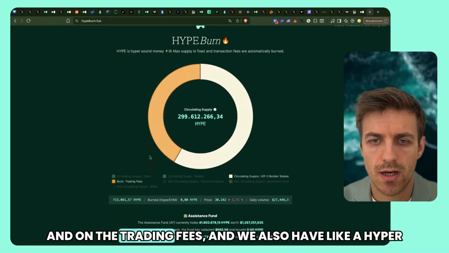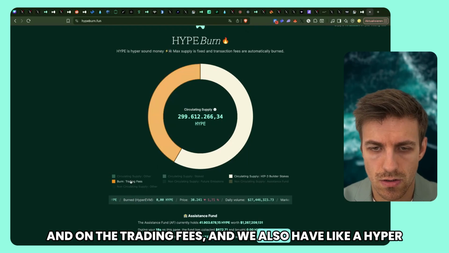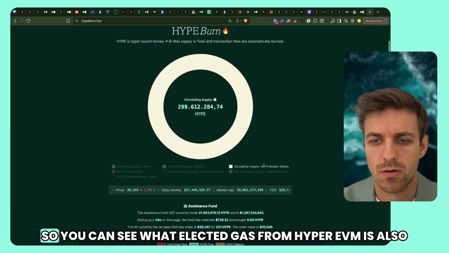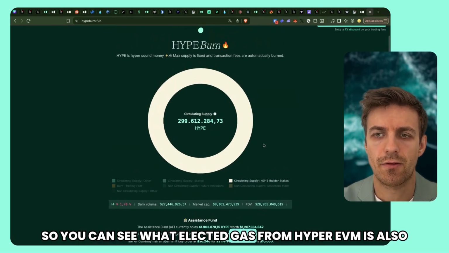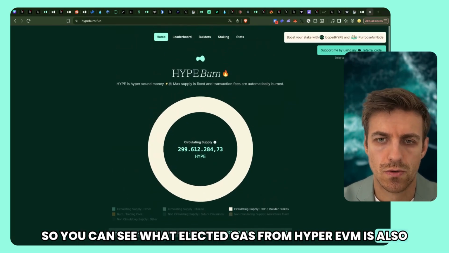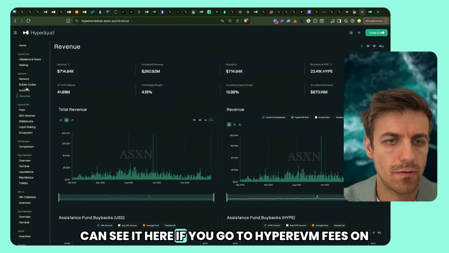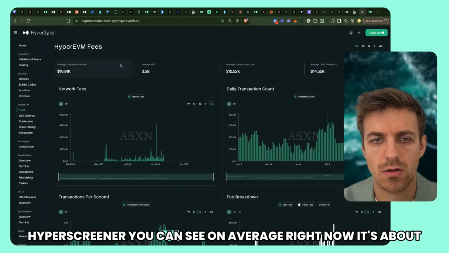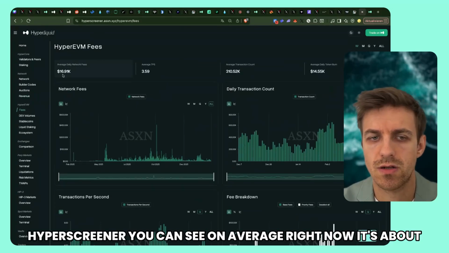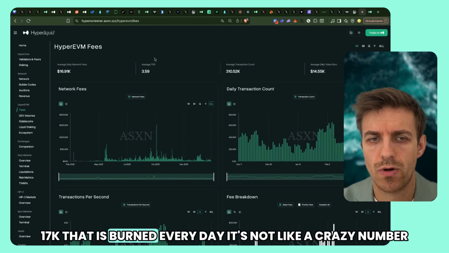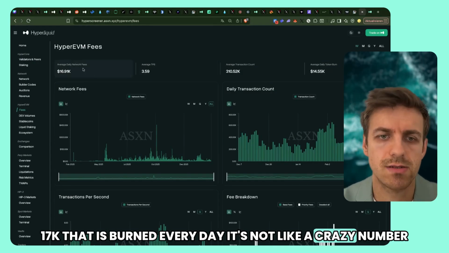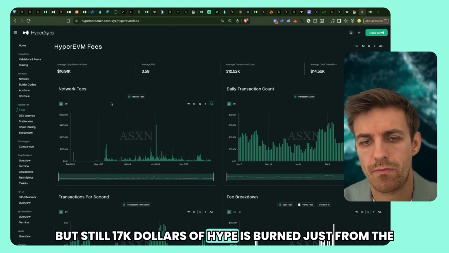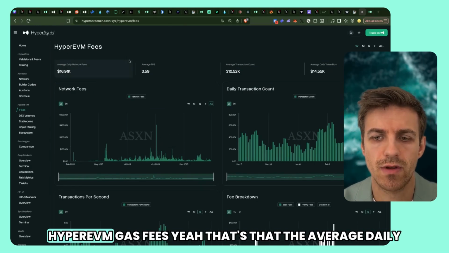And on the trading fees, we also have a HyperEVM burn number, so you can see whether the gas from HyperEVM is also burned. You can see it if you go to HyperEVM fees on Hyperscreener. On average right now about 17K is burned every day. It's not a crazy number, but still, 17K dollars of HYPE is burned just from the HyperEVM gas fees.